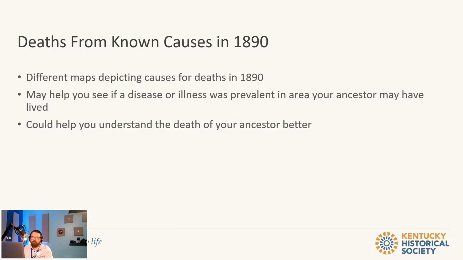I know sometimes people come to me looking for their ancestor and they just disappear all of a sudden. It could be that they did die, or they could have just moved somewhere else, where they're not in that particular area anymore. But sometimes I have looked for death records or causes of death. I've seen it on Ancestry.com, and I think we've got a copy of it here at KHS.